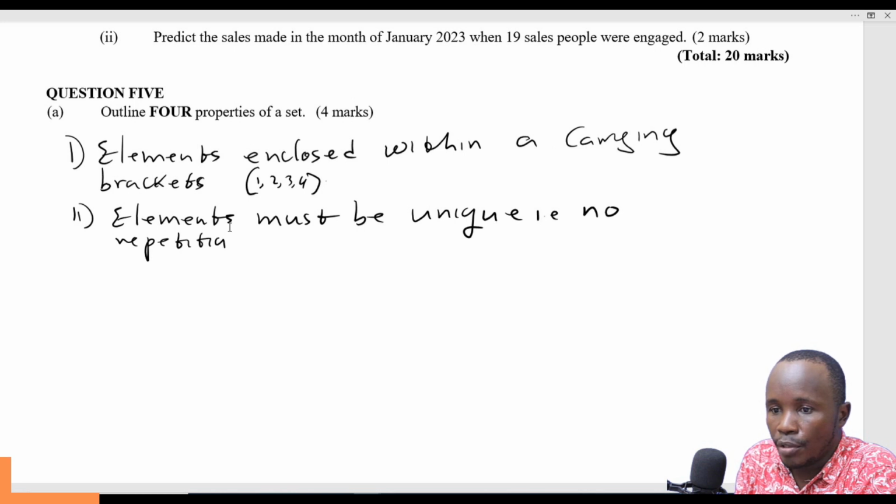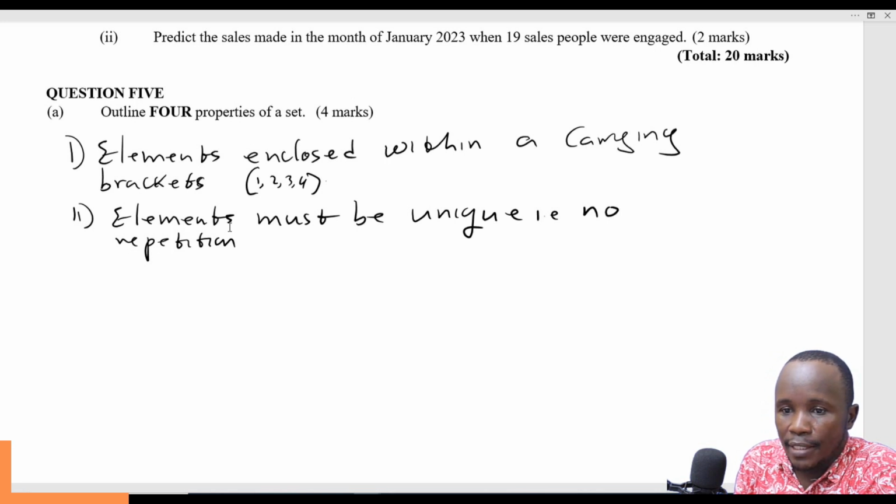When you have elements in your bracket, like 1, 2, 2, 3, 4, this one is wrong. 2 is repeated. So we are saying that elements must be unique.